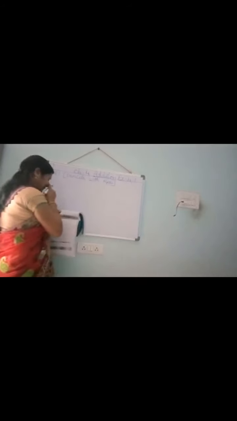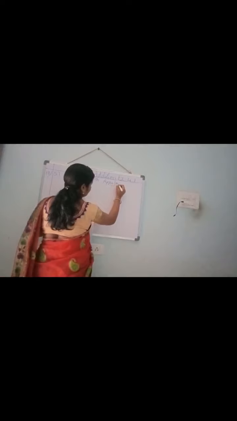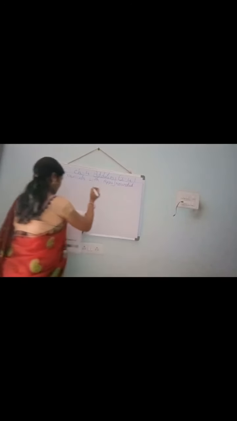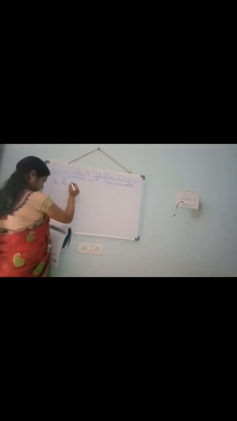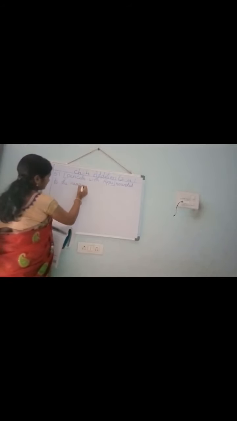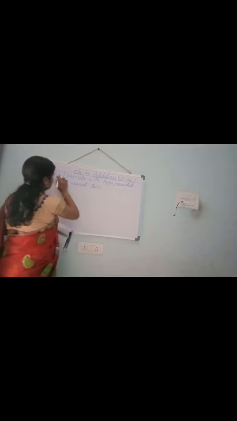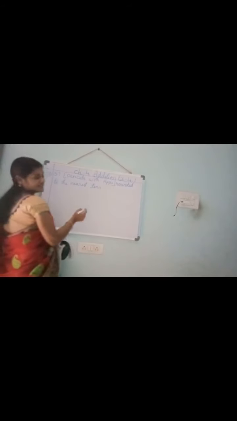How many pencils is there? 57. Rounded to the nearest tens. Which one will come rounded to the nearest tens? 57, 60.